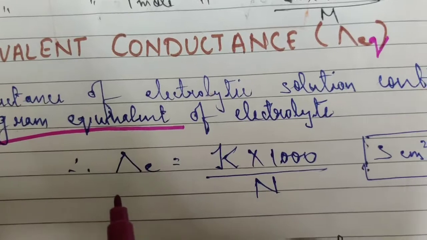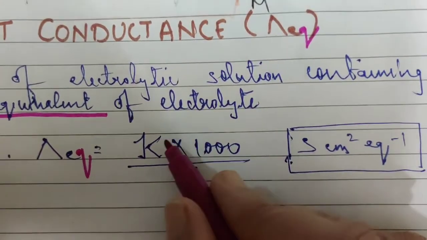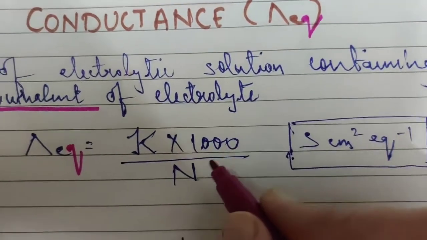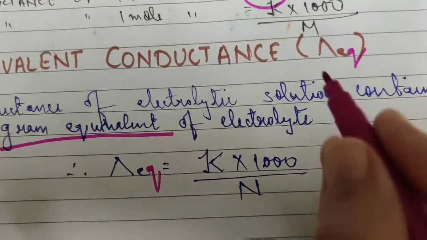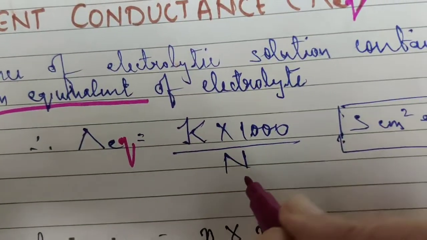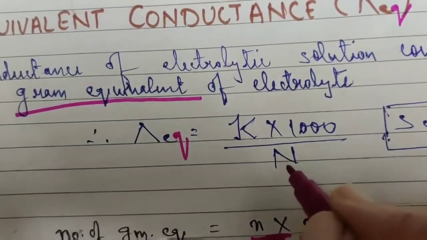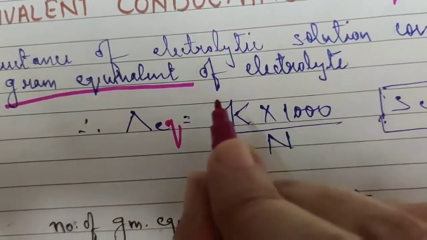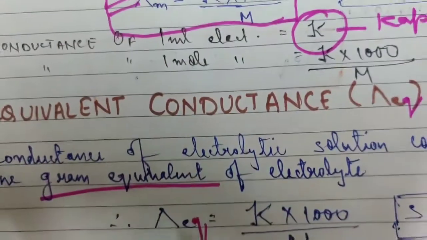But you should know it. So, equivalent conductance will be written as specific conductance into 1000 upon normality. In case of equivalent conductance, what happens? The molarity gets replaced with normality, because we are talking about number of gram equivalents here. So this is the only modification in the formula, and the formula you'll get is this.